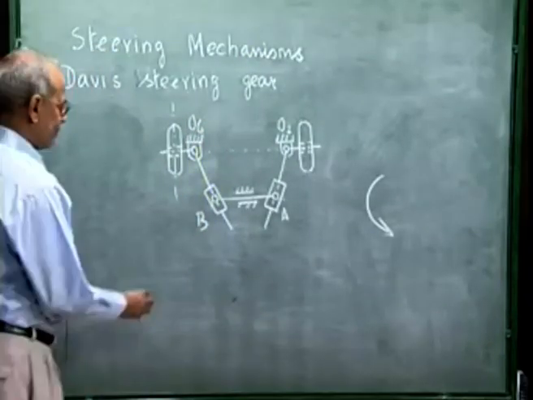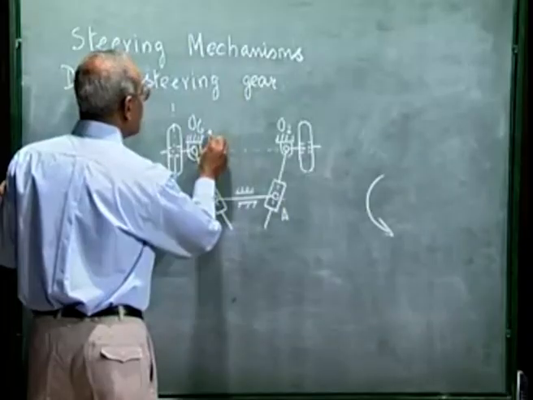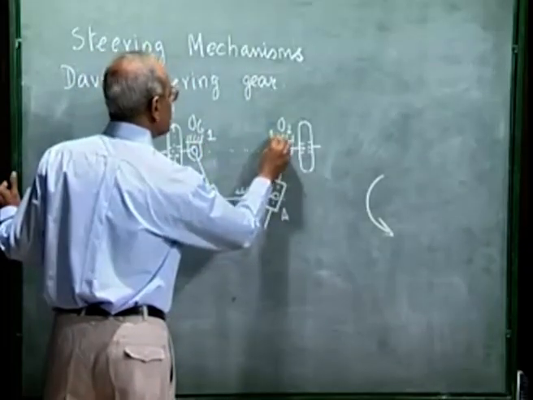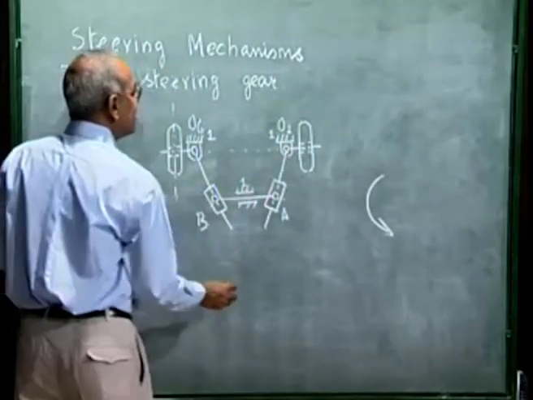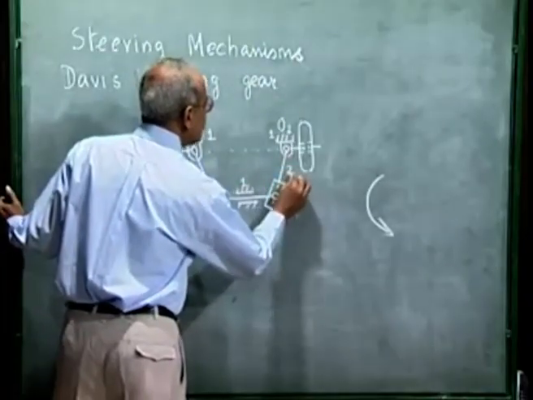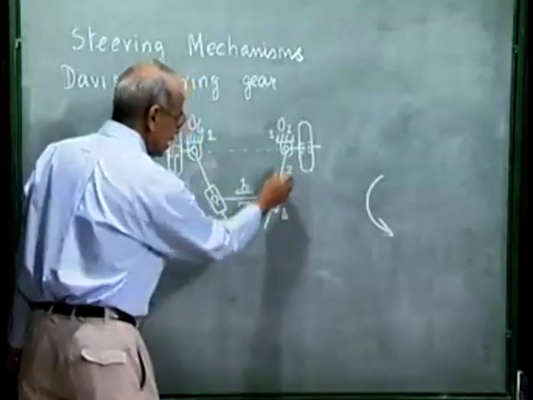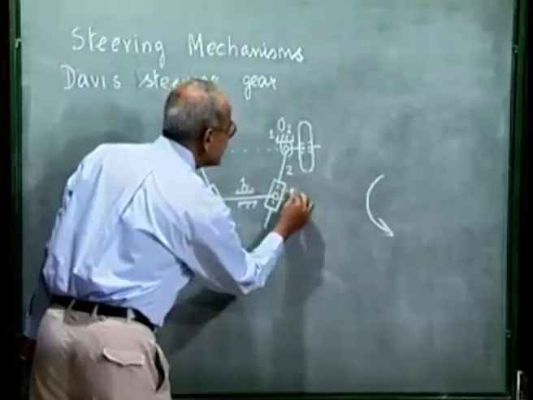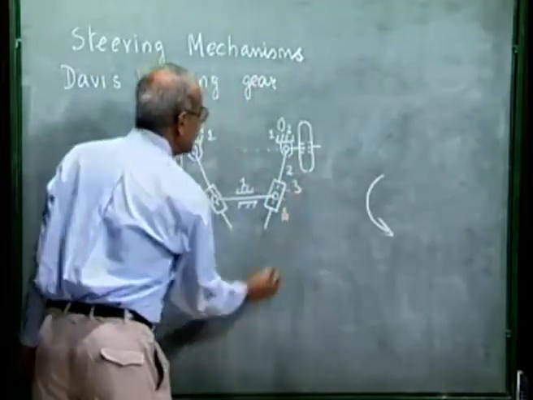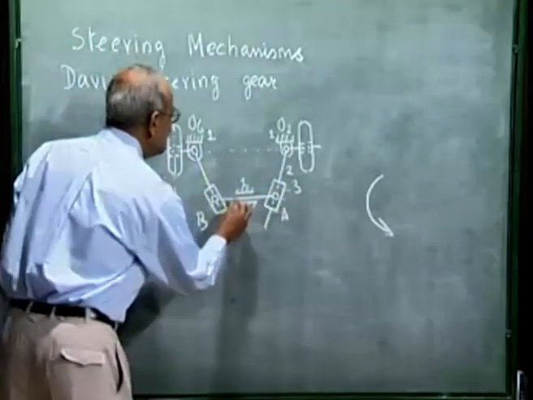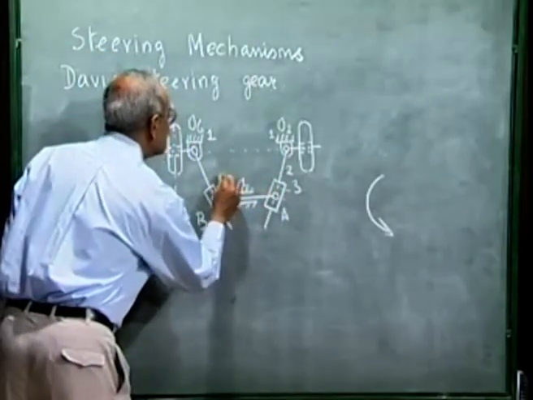This is a 6-link mechanism. Link number 1 refers to the body of the automobile. This is link number 2, and this block in which this link number 2 can slide, this is link number 3.